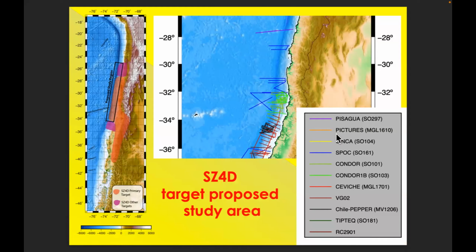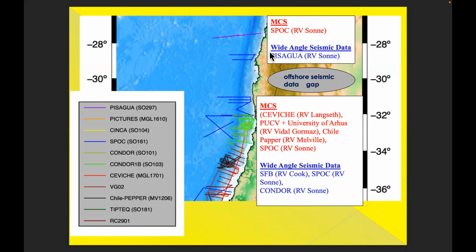For example, in the seismic refraction and reflection, we have some gap here in the area of La Serena, or here. And this area is also important because this is the offshore seismic gap. We have some seismic refraction data in the north.